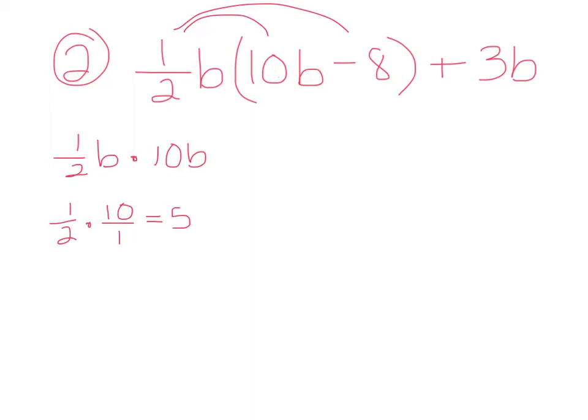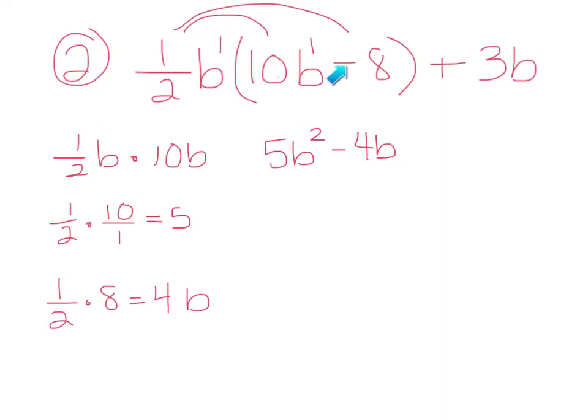So 1/2 b times 10b gives me 5b squared, because remember there's a 1 on both these b's. Then 1/2 times 8 is 4, because it's like taking a half of 8, so minus 4b, and we have to put the b on the end. It's minus because of this sign right here, and then plus the 3b.